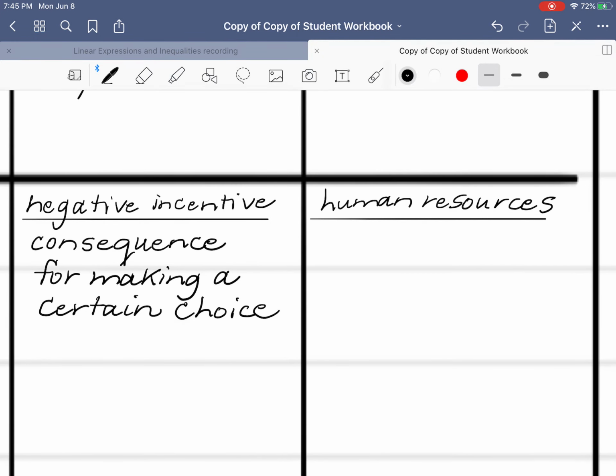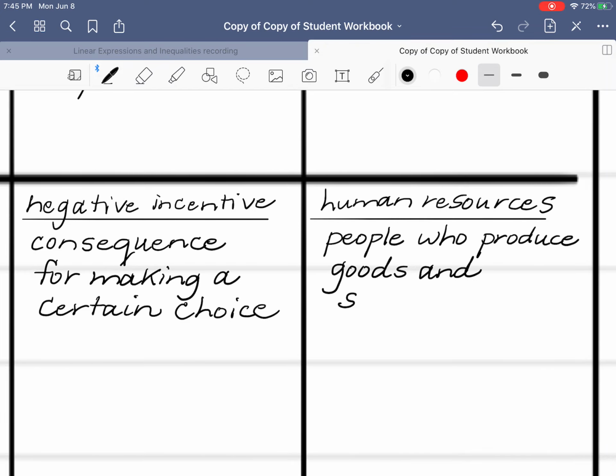Human resources are people who, I'm going to reword this just a hair, produce goods and services for payment.